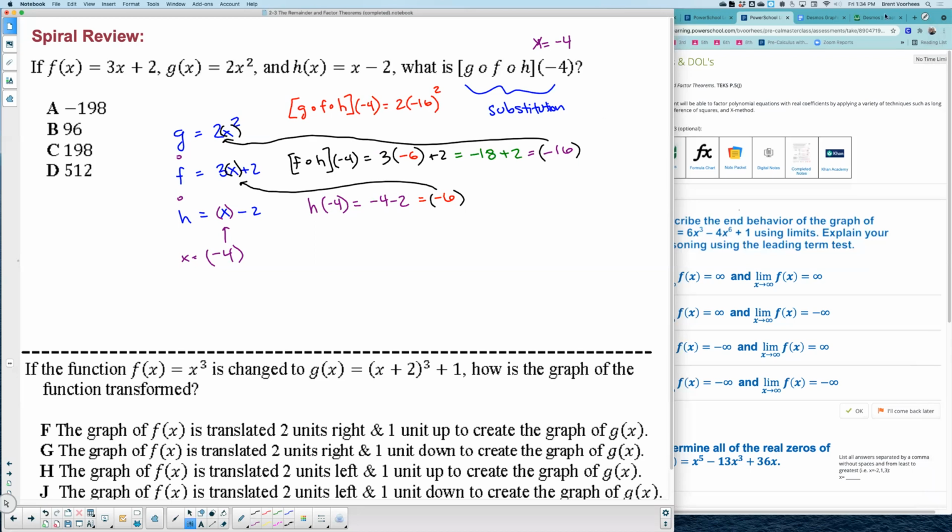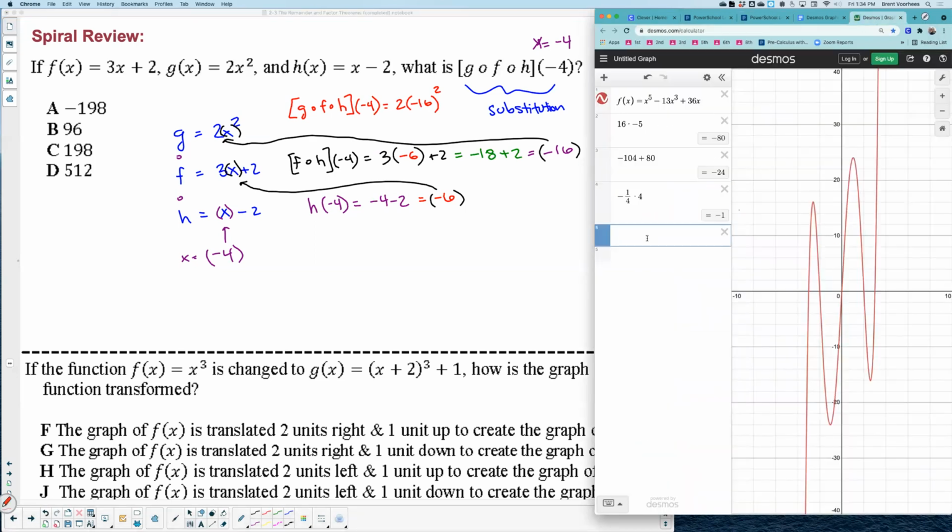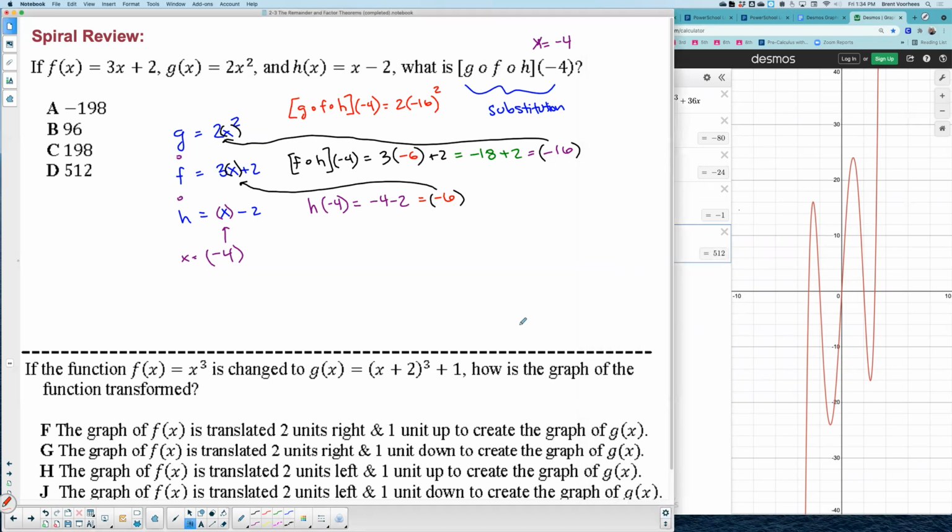And if I just type it in the calculator, I believe I'm going to get 512. So 2 times negative 16 raised to the power of 2 is 512. That's the solution there, 512.